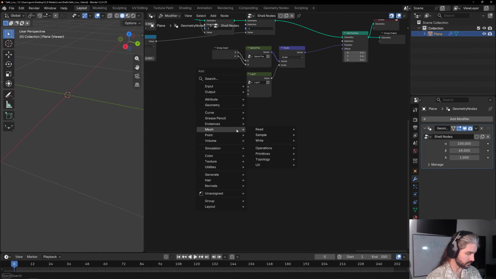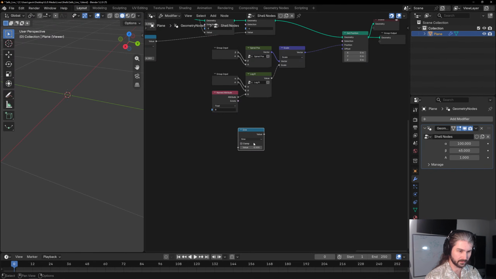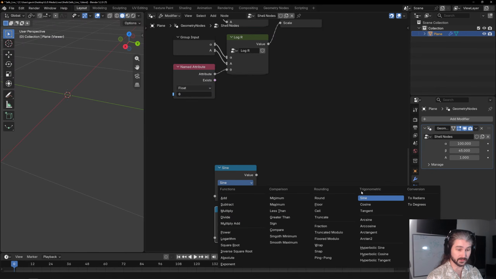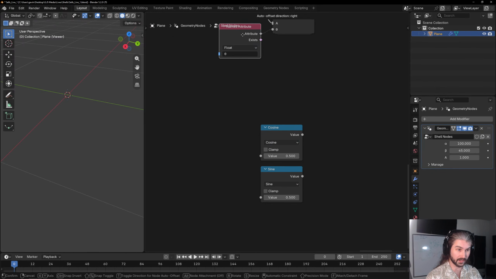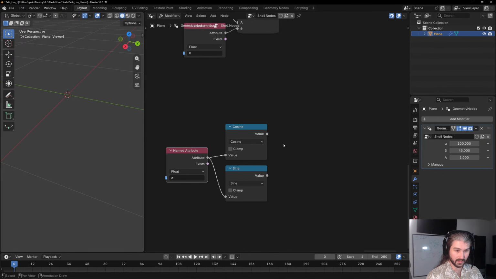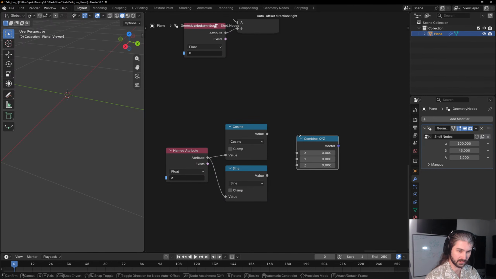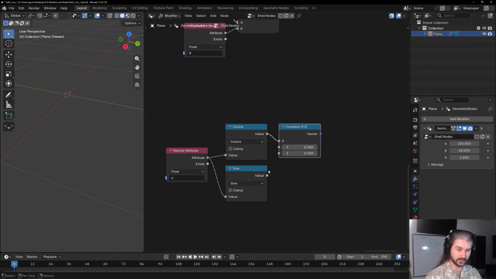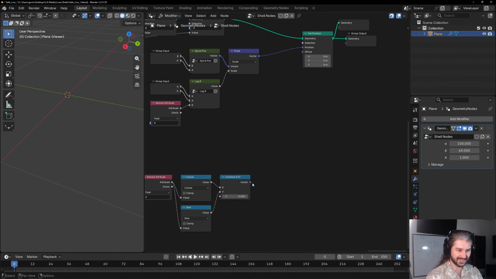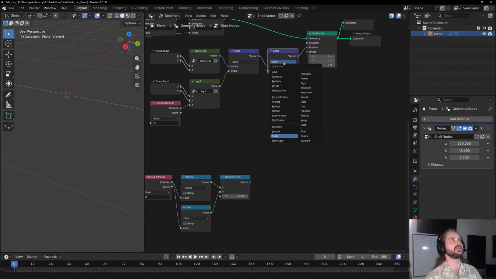I really just want it to be visible again. So real quick, we're going to bring in another named attribute, use the sigma, plug that in there. Combine X, Y, Z. I know we have a spherical node, but we're deliberately not using it. And then we're going to add.